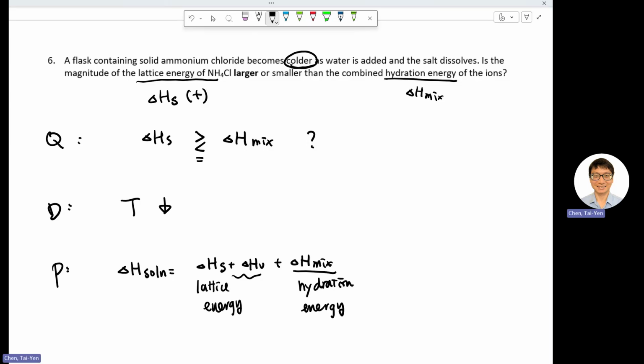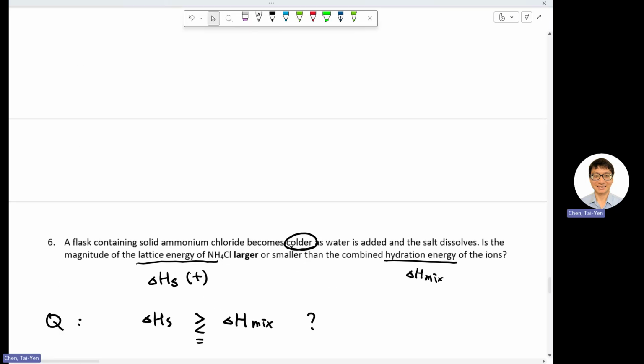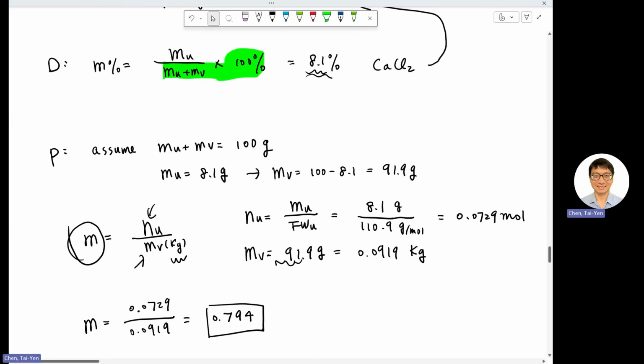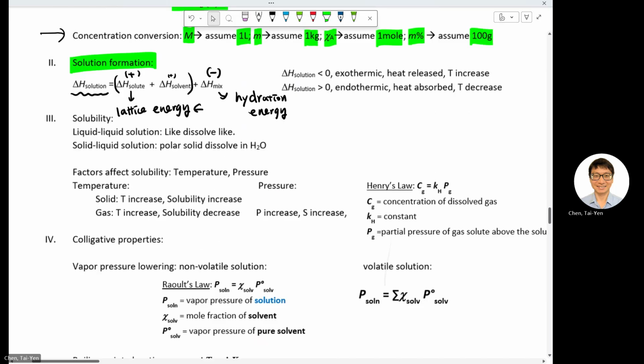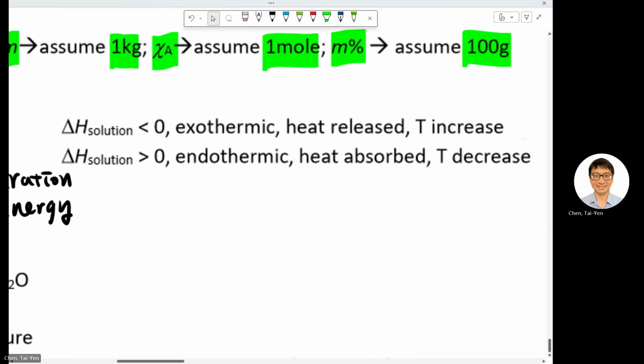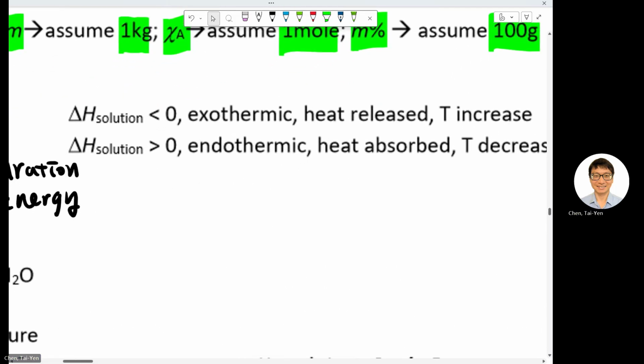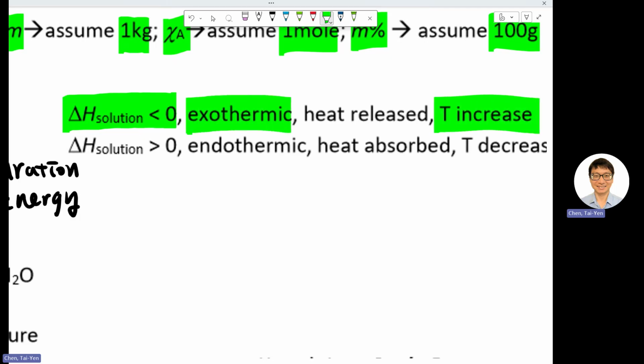So we need to recall the things we just talked about, which I believe the majority of us didn't memorize, so we want to refresh our memory. If your delta H solution is negative, we call it exothermic. The temperature will increase. If your delta H solution is positive, we call it endothermic.